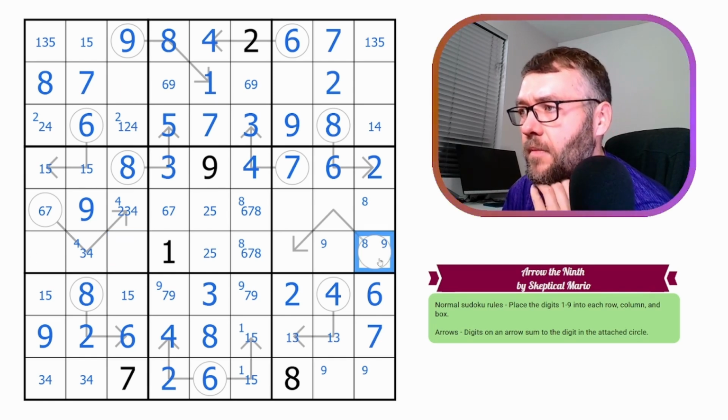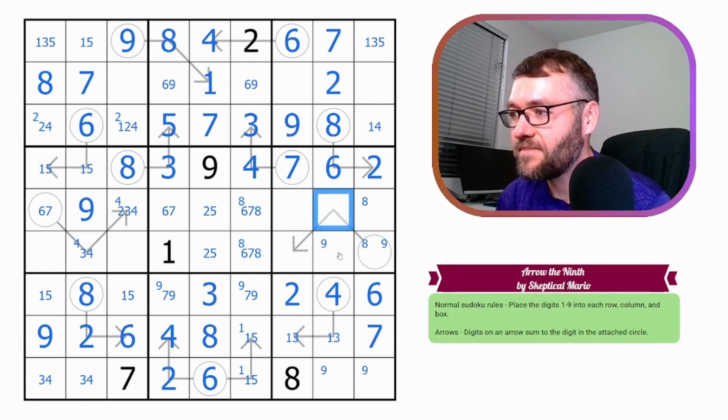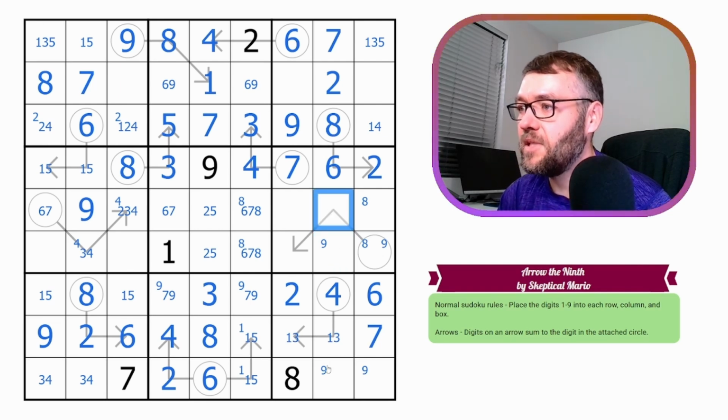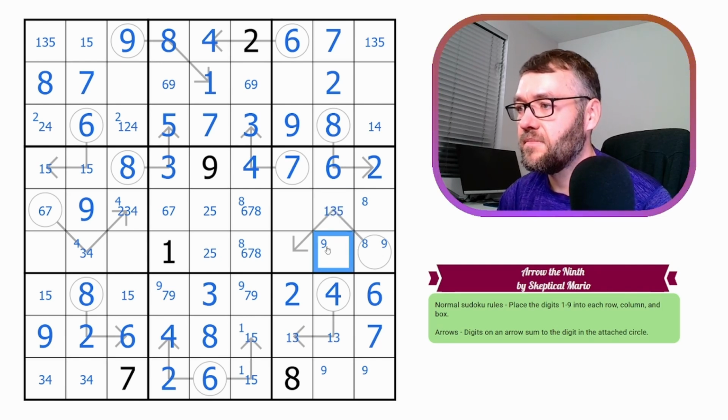Okay. Maybe this is more limited now. We only have 4 digits left for this column, so that'll tell us a lot. We know this can't be a 9. We need a 1, 3, 5, 9. So this is a 1, 3, or 5.